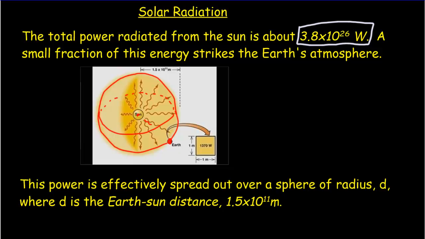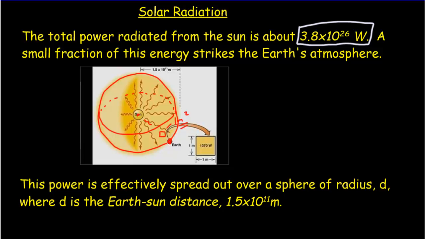And what we're going to try to do is calculate the intensity that strikes the earth. So we're going to imagine that we hold up a 1 meter squared piece of cardboard at the surface of the earth and ask ourselves how much power will hit that 1 meter squared piece of cardboard. That'll be called the intensity.